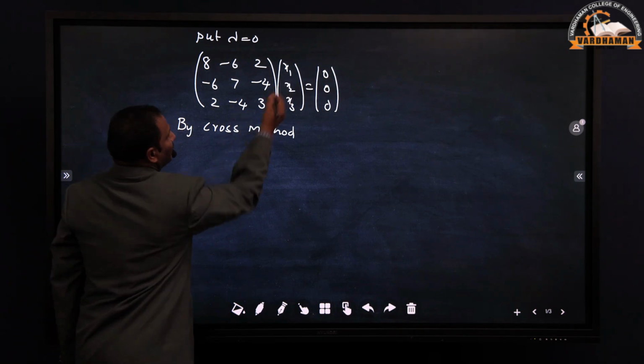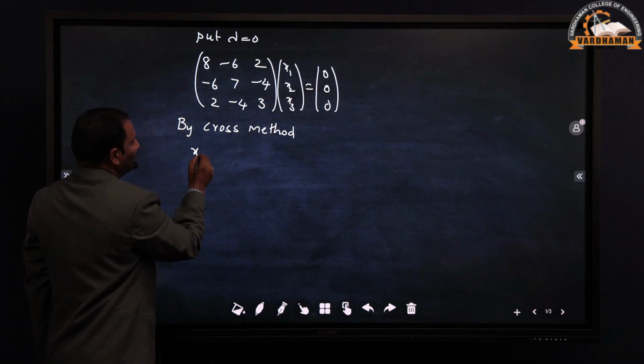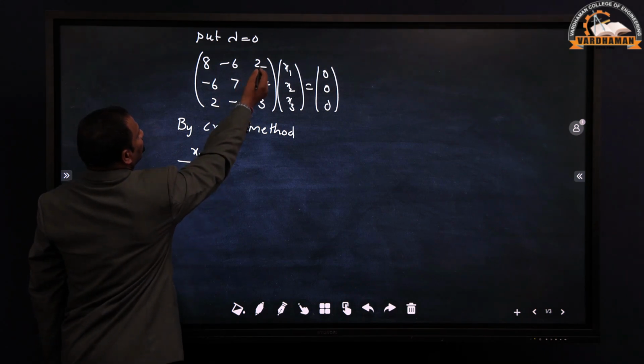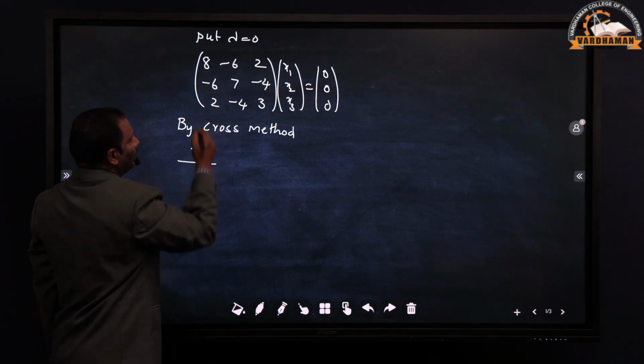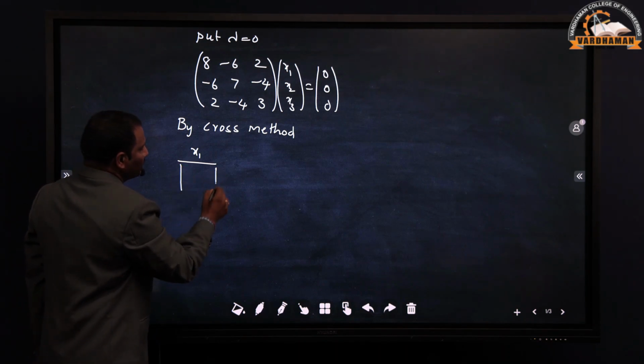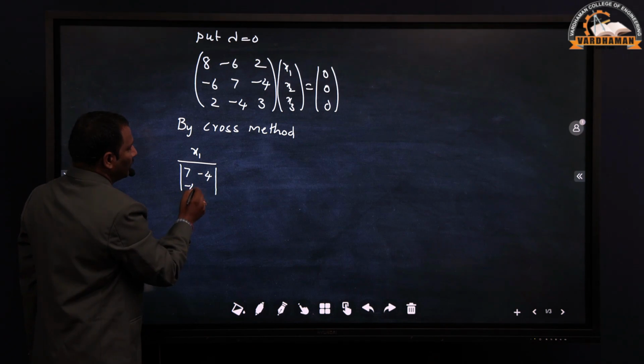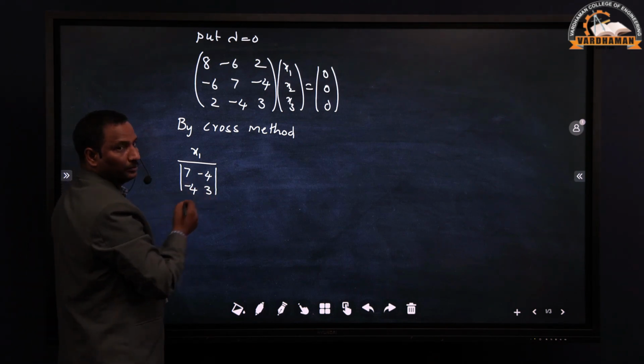By the cross method, to get the value of x1, neglect the first row and first column, then the remaining elements make a determinant: 7, minus 4, minus 4, 3.